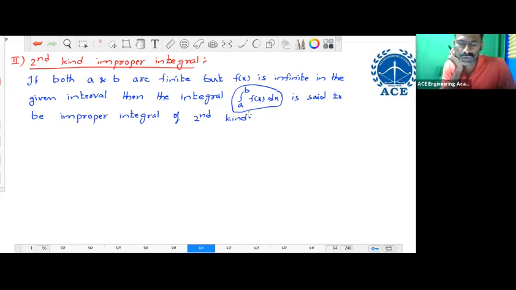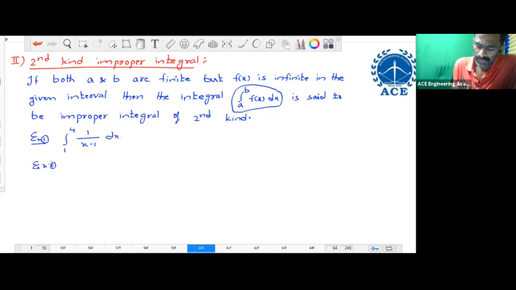It is purely reversed to first kind only. In the first kind, limits were infinite, function was finite. But here, limits are finite, function is infinite. It is the only difference. Example, integral 1 to 4, 1 by x minus 1 dx.